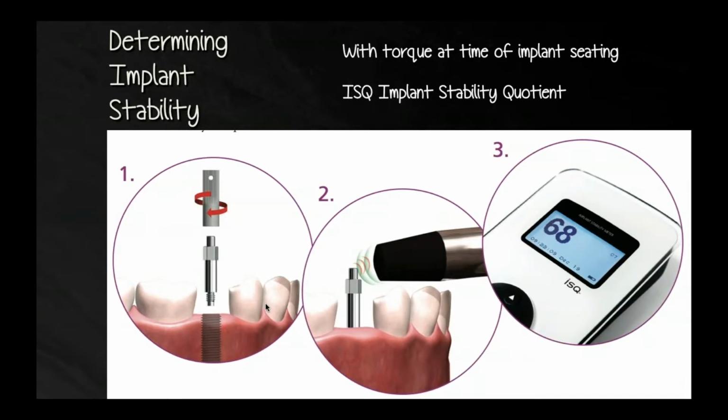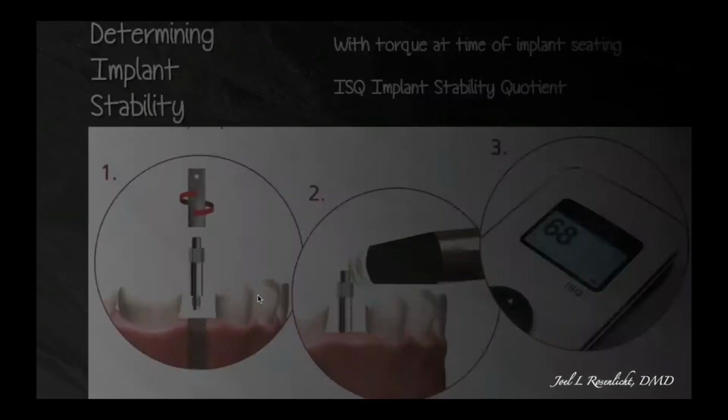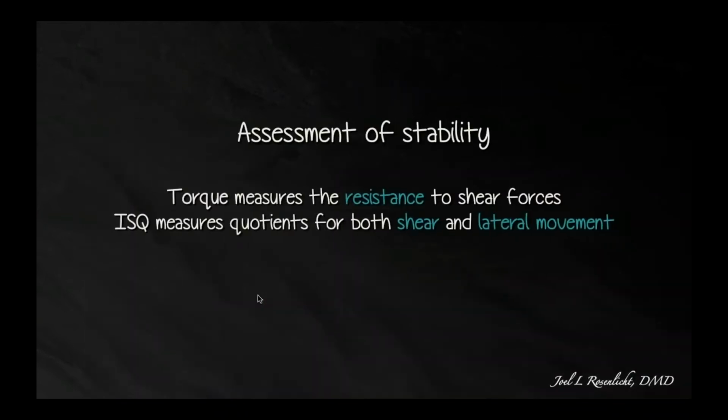And what's nice about this particular stability quotient is it tests the implant both in its lateral forces as well as in its shear forces. So we're able to test it for the resistance to shear, and with torque measurements and a torque driver, all you can do is test the shear forces.